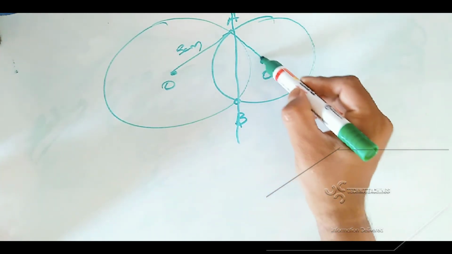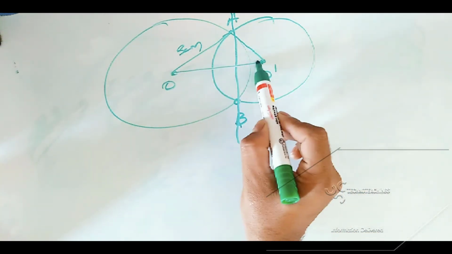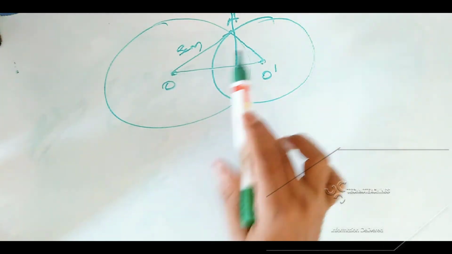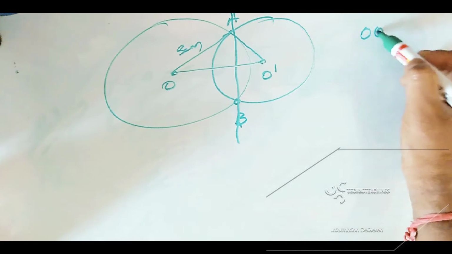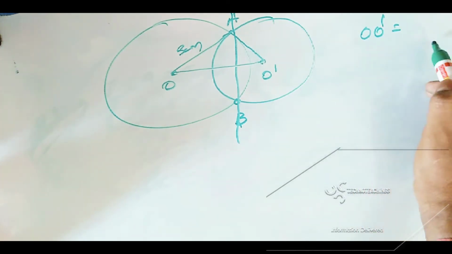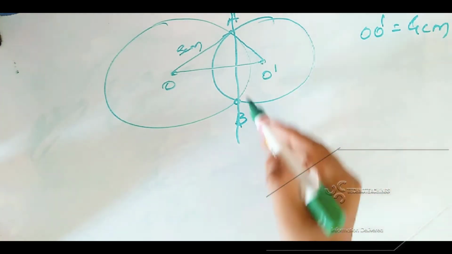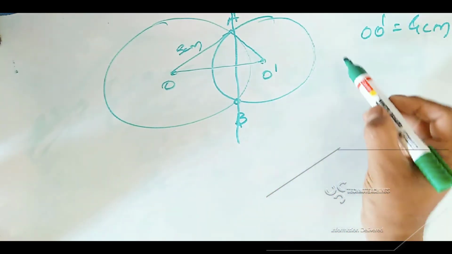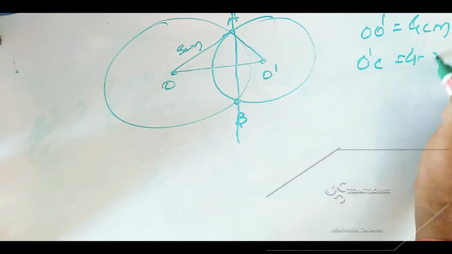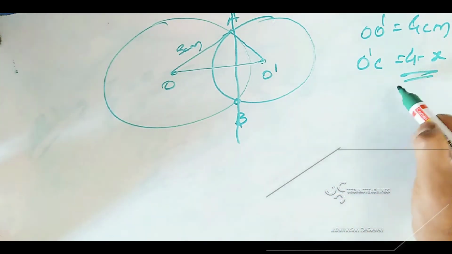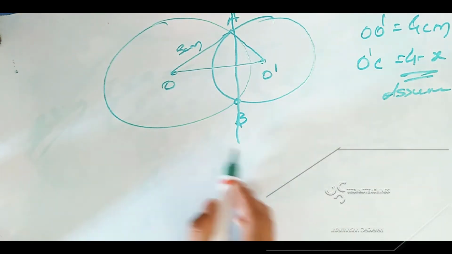The radius of the circle meets the perpendicular bisector, and I'll join this line O to O dash. So we have the distance of O to O dash is 4 centimeter, and we have O dash to C is 4 minus 6. Again I repeat, this is our assumption, right?